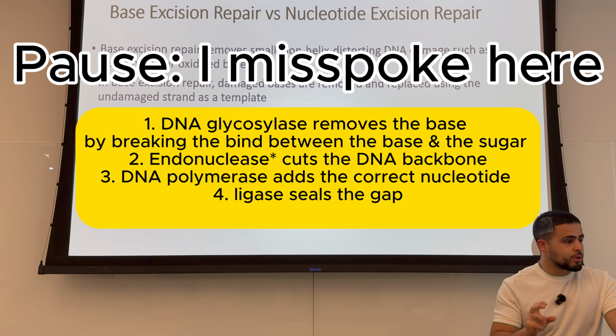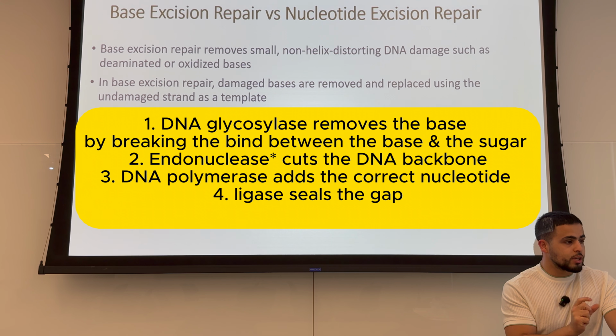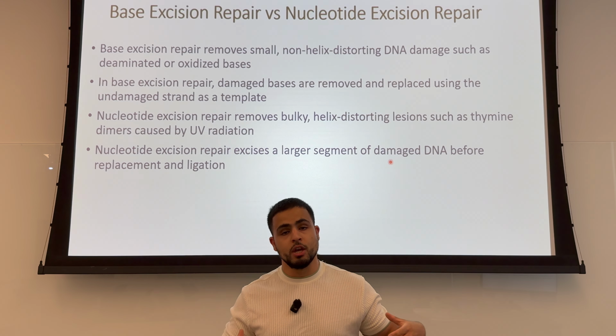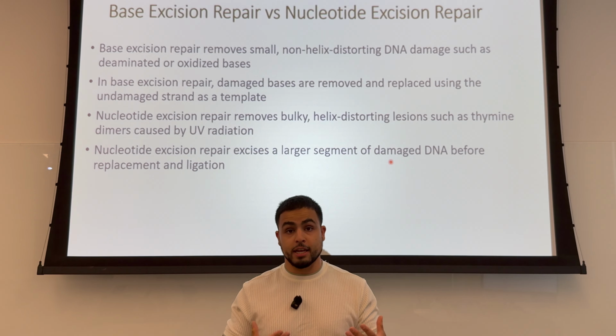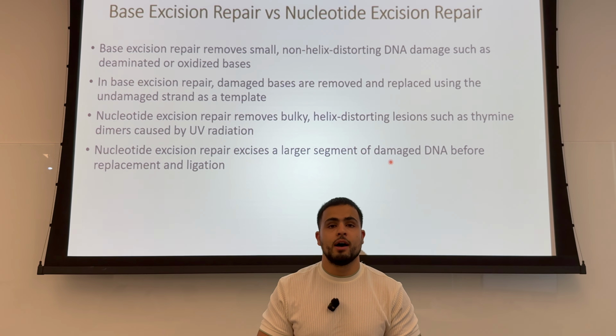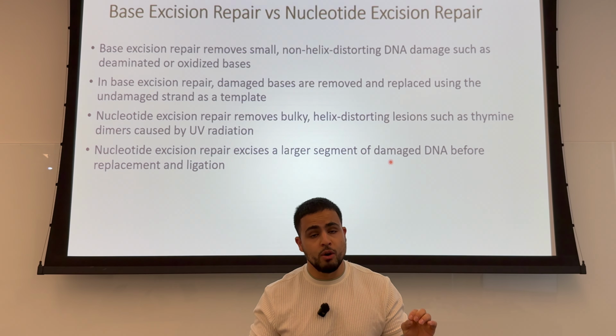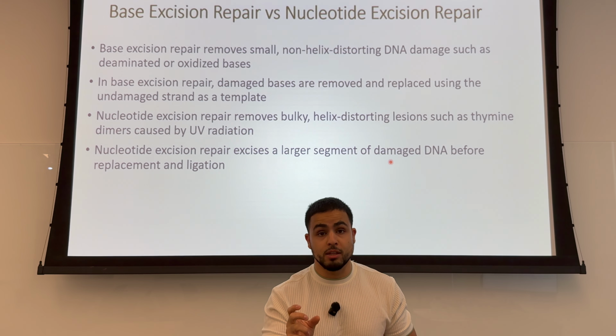So next I wanted to talk about nucleotide excision repair. This is more bulky damage that occurs to the structure of DNA that actually distorts the double helix. So for example, you'll see it on the MCAT. I've seen it all the time where they talk about thymine dimers.